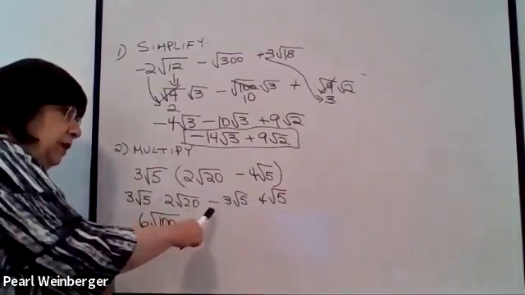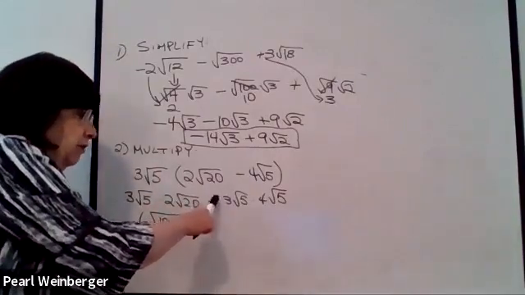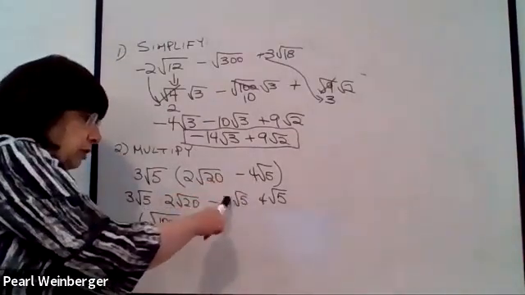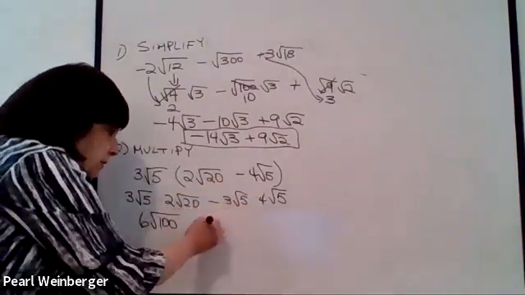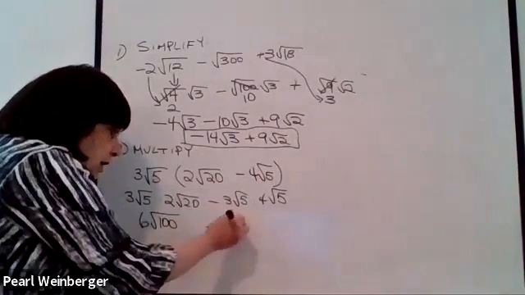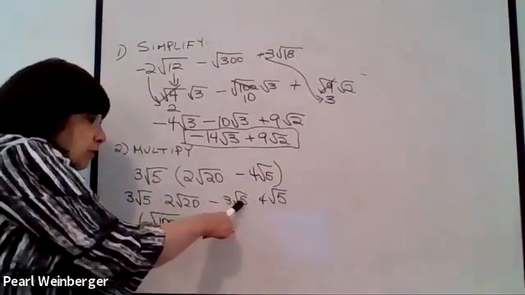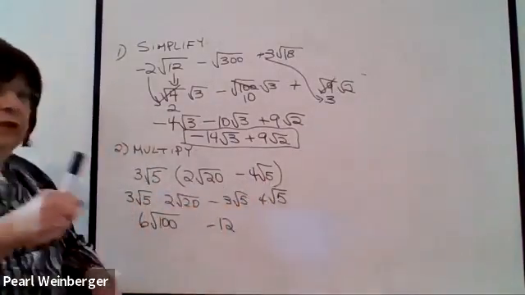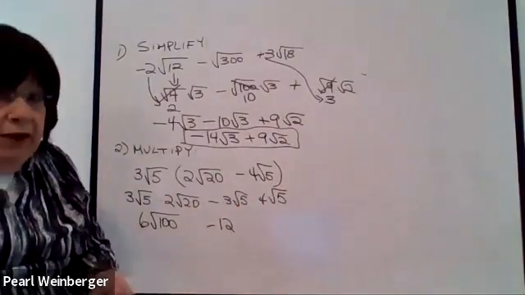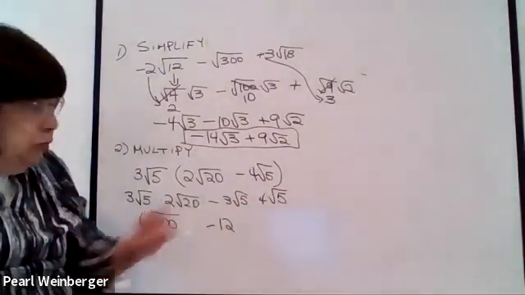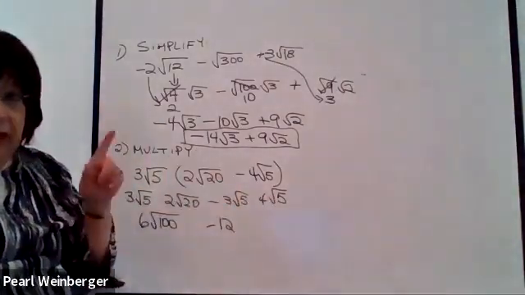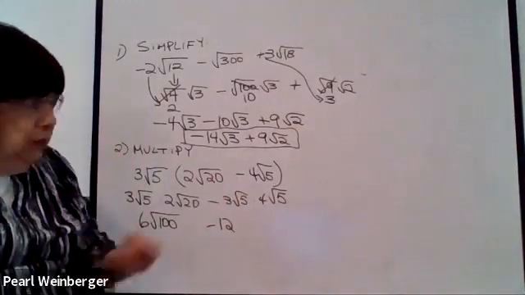I'm going to do the same thing. I have a negative 3 times a 4, because those are both outside. That gives me negative 12. And then I have radical 5 times radical 5. Now, if you recall what I said about multiplying a radical by itself, it really is a shortcut.